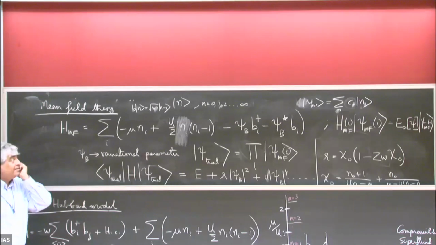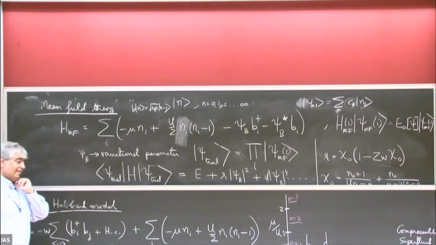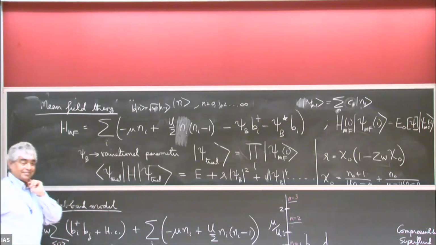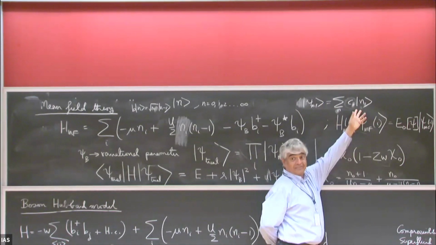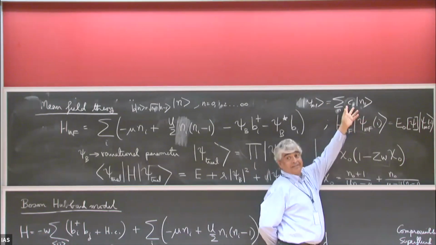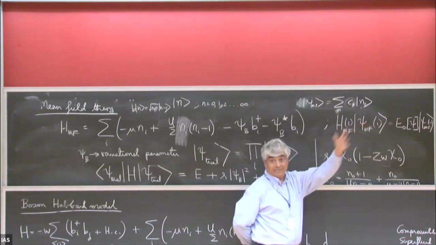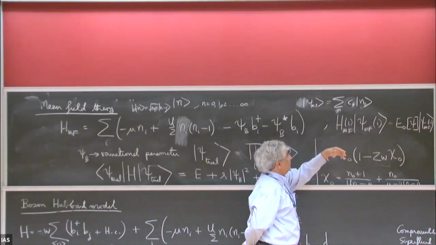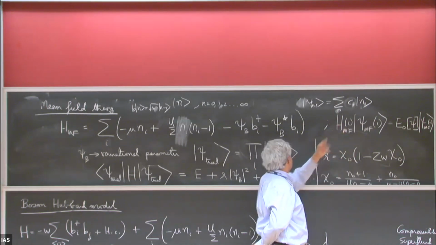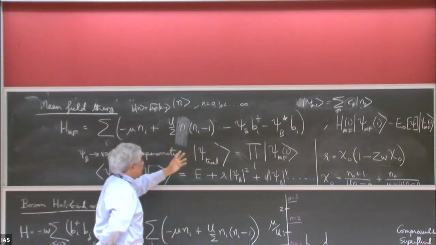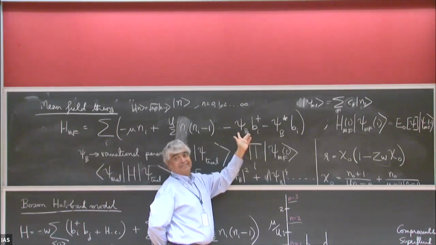Yes, I agree. With that ontology for psi mean field, you didn't really need to introduce H mean field. You could have just said that your trial wave function was of this kind. Sure, but then how do I write down the parameters for psi, H mean psi? Yeah, you could take the most general wave function, which is a linear combination of different states. Then all the Cn are variational parameters. That's an even more general wave function. You could do that if you wish. But in fact, you can show that the optimal choice is given by H mean field with just one parameter.